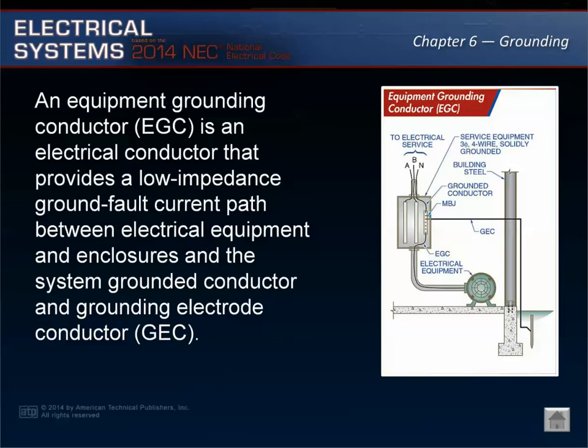This connection usually occurs at the service equipment or at the source of power, such as a separately derived system, and helps to ensure the operation of the overcurrent protective device when fault conditions occur. The equipment grounding conductors may be in the form of a separate wire, metal conduit, metal tubing, metal cable sheath, etc. Equipment grounding conductors may also take on the additional function of bonding as described in Article 250, Part 5, Bonding.